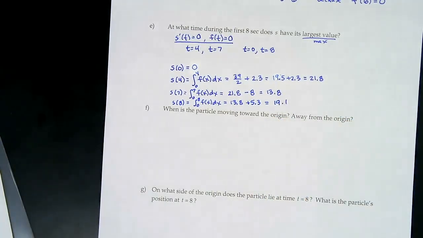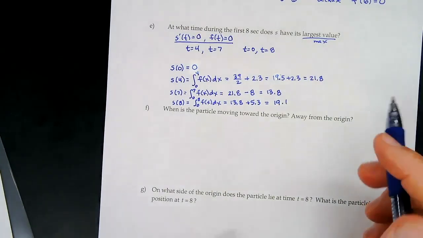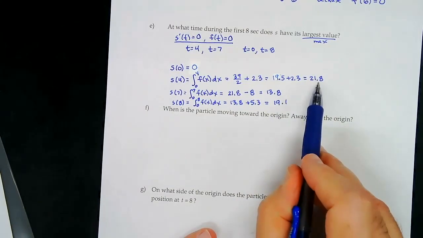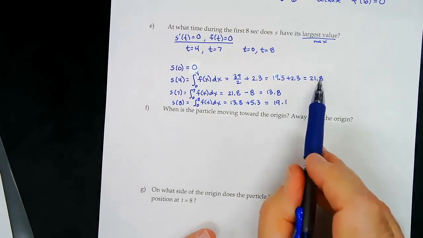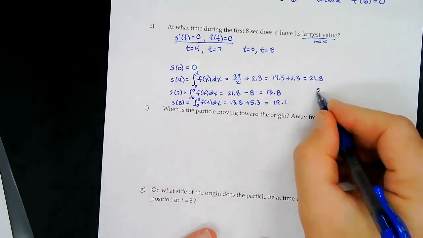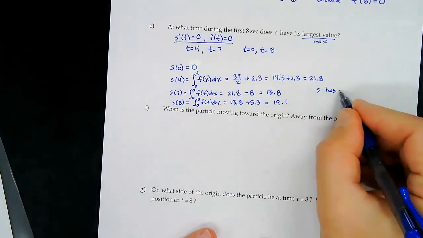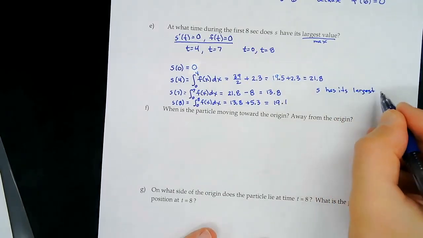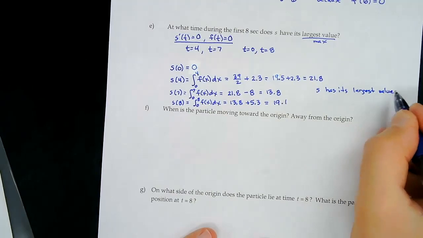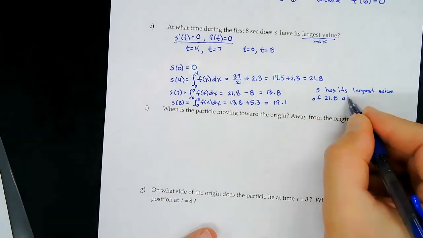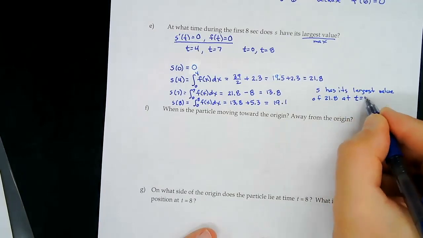So if you look at these, which one's the largest? The largest one is 21.8. So s has its largest value of 21.8 at t equals 4.